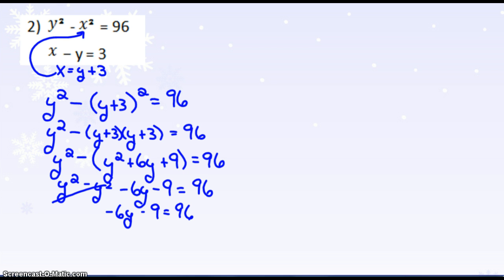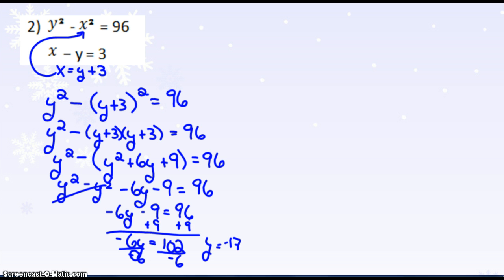So it just took out that squared power. And we're going to add the 9 over, and we'll have negative 6y equals 102. Divide by that negative 6, and y is negative 17.